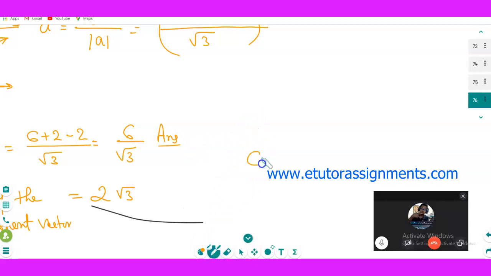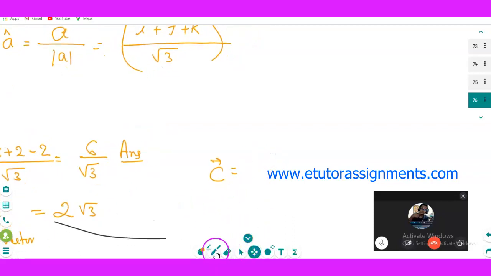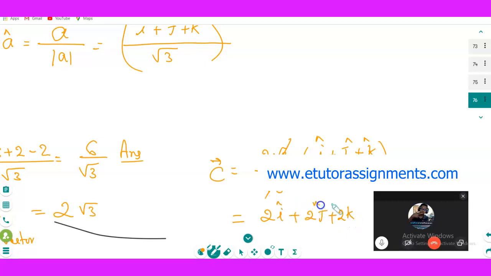So the component vector C is equal to 2 root 3 into i plus j plus k divided by root 3, which gives 2i plus 2j plus 2k. Answer.